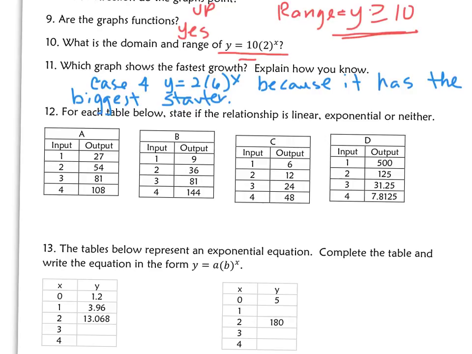We determine if something is adding an amount by subtracting the second number from the first. So, for instance, on this first one, I would say, what is 54 minus 27? And the answer to that is 27.